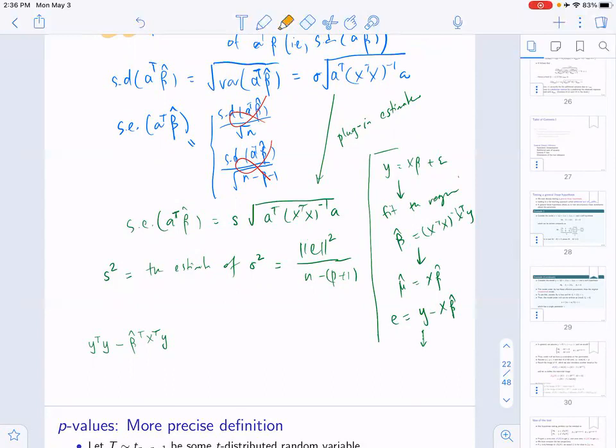That's why I got Y transpose Y minus beta hat transpose X transpose Y, divided by... I mean, this means SS reg divided by n minus... SS reg? What do you mean? The residual sum of squares. You mean SSR? Yeah, SSR, divided by n minus p minus 1.